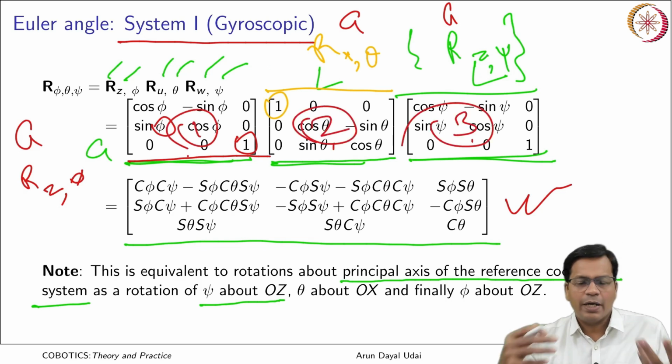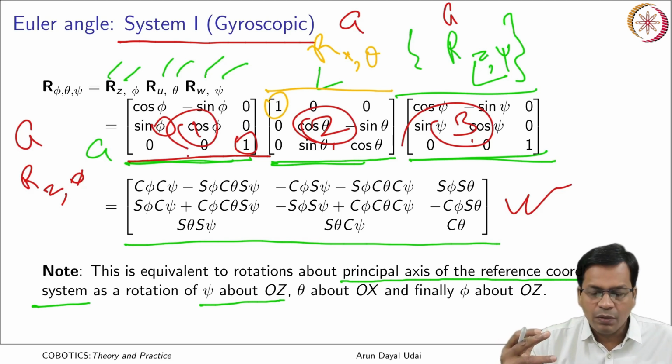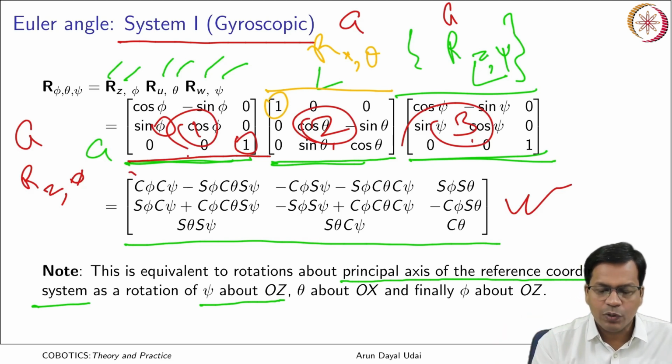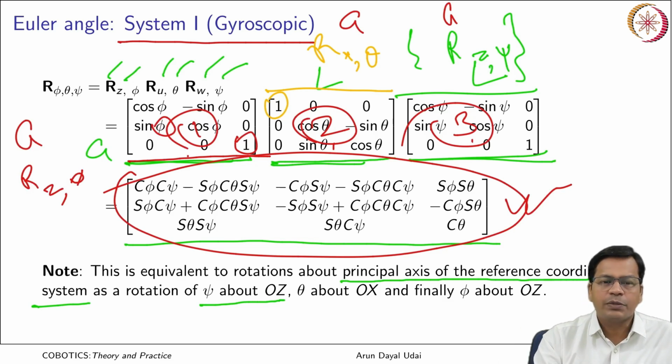So over here you have noticed there are at least two ways to reach the same orientation, which is given by this. This operator, when applied to a point, can give me rotation about x, z, u and w. It can take you to a particular orientation, or you can represent the orientation of the object using this. Orientation would be given by this matrix.